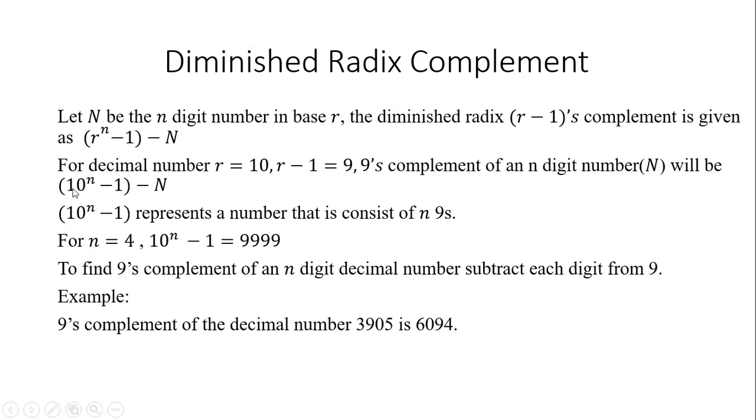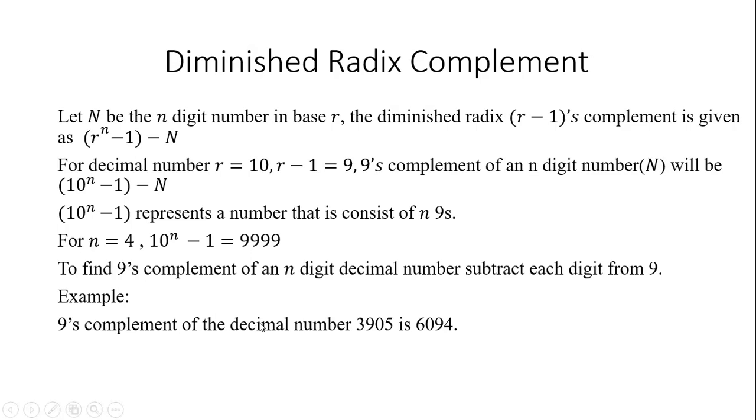Remember, 10 raised to power n represents a single 1 and n zeros. And 10 raised to power n minus 1 represents a number that consists of n nines. For n equal to 4, 10 raised to power 4 minus 1 equals 4 nines, 9,999. To find the 9's complement of an n-digit number, subtract each digit from 9.